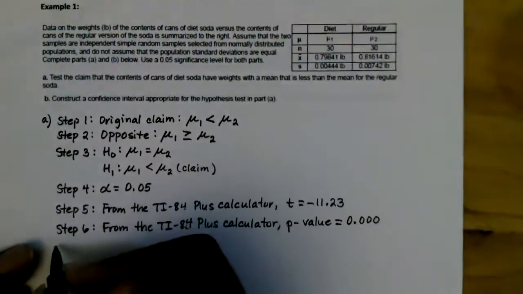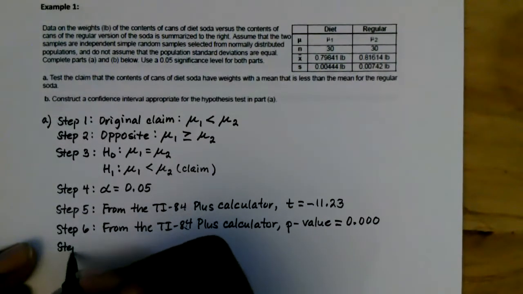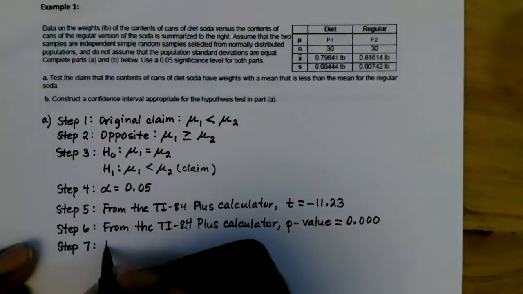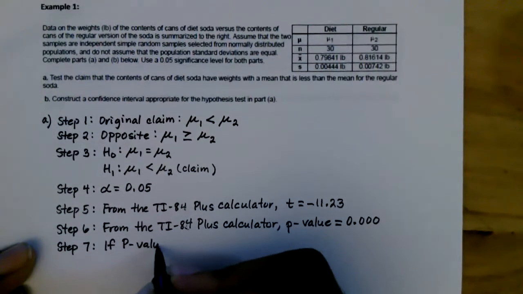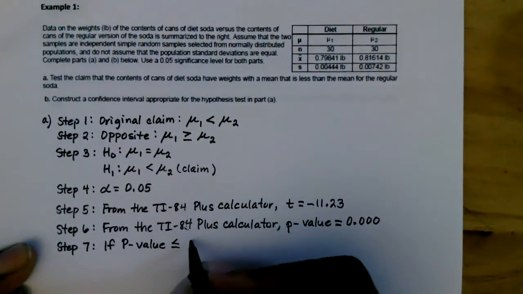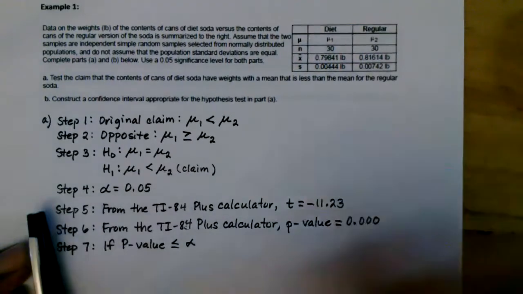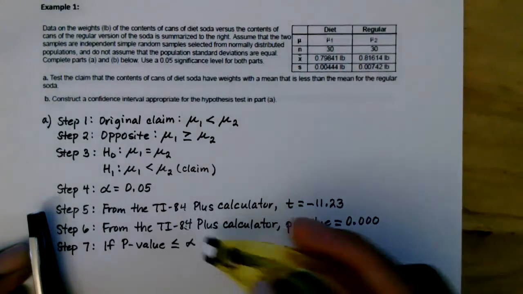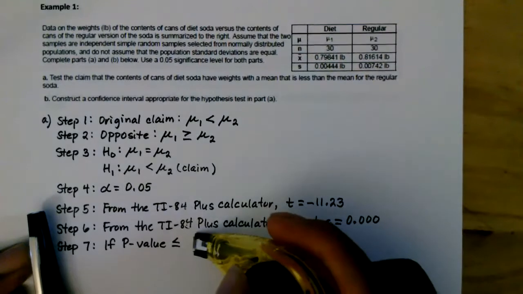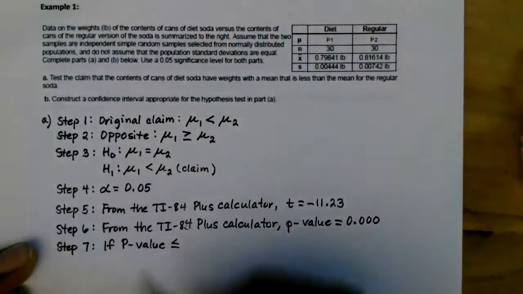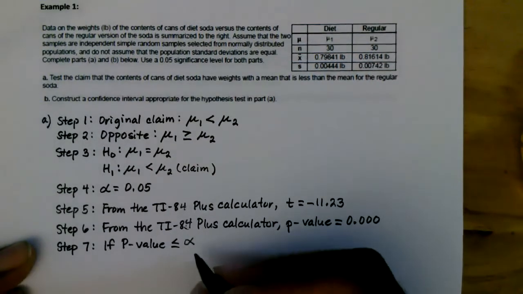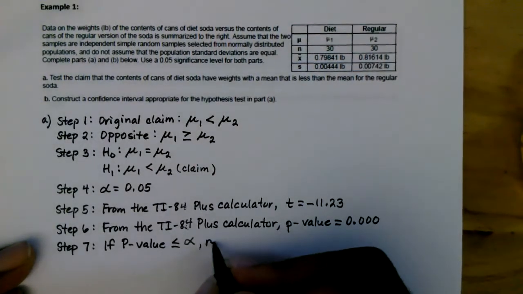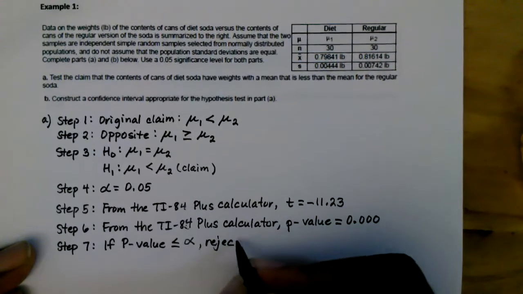And now step number 7 is our decision rule, which is this: if your p-value is less than or equal to alpha, you want to reject the null hypothesis.